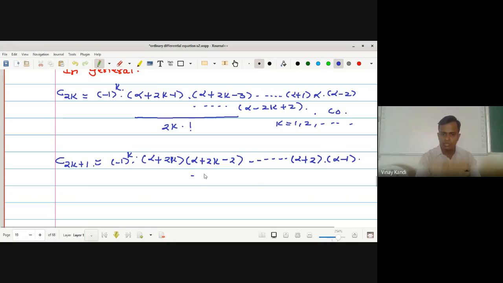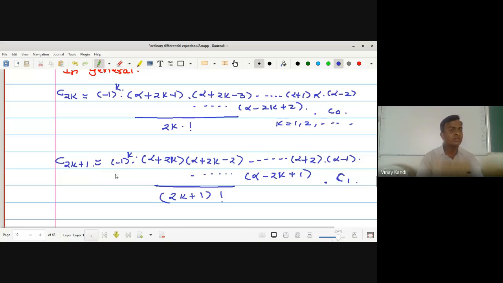Okay, similarly up to so on. This is alpha minus 2k plus 1. आणि या टर्म मधनं -1 करत जायचं. कळतंय का? डिवायडेड बाय 2k plus 1 factorial into C1.